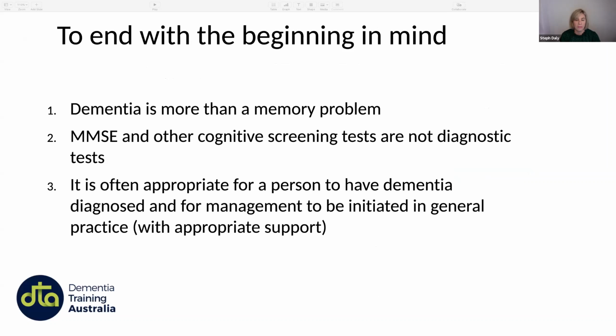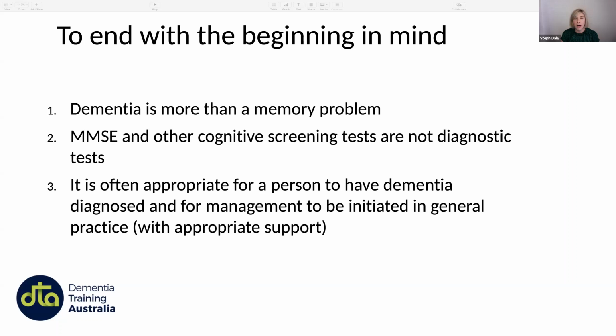So as we said at the beginning and through all of our presentations, we want you to remember that dementia is more than just a memory problem, that the screening tests are not diagnostic, and that management and diagnosis can take place in general practice. And as we see most of the patients with dementia in the community, it really is important that we have a good idea of how to manage those people.